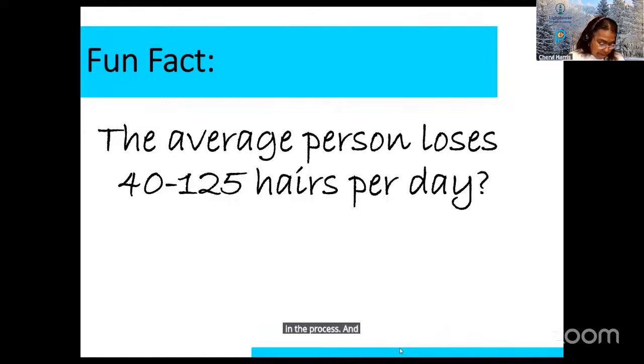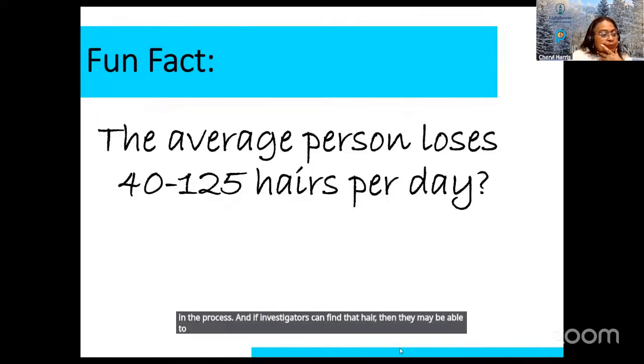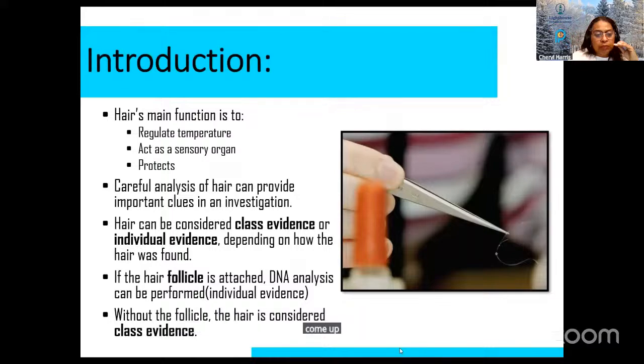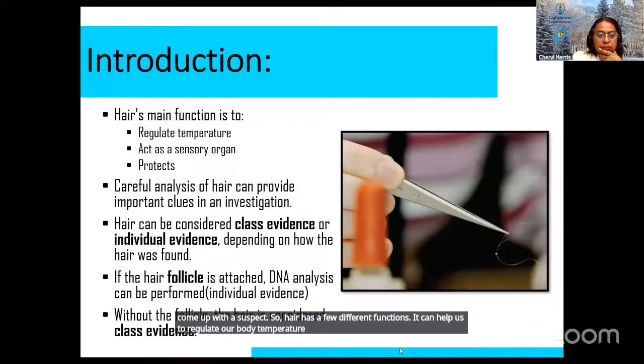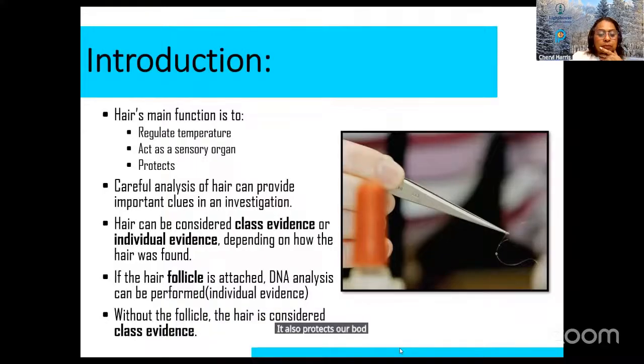And if investigators can find that hair, then they may be able to solve the case or at least come up with a suspect. So hair has a few different functions. It can help us to regulate our body temperature. It can act as a sensory organ. It also protects our bodies. And careful analysis of hair can provide important clues in an investigation.